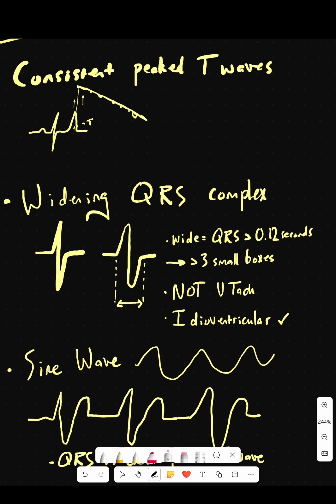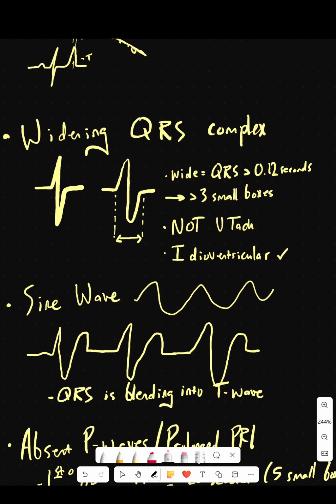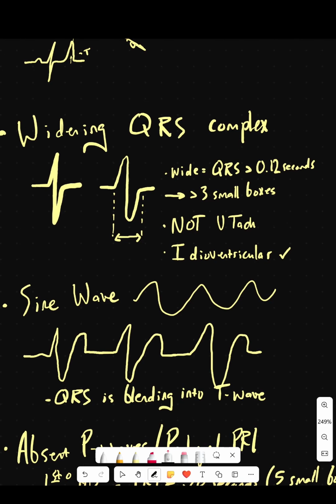So far we have peaked T waves, and we have a widening QRS. That thing is getting wider and wider and wider, all right? As that QRS continues to widen and deteriorate, it is going to start to look like what's called a sine wave, all right?